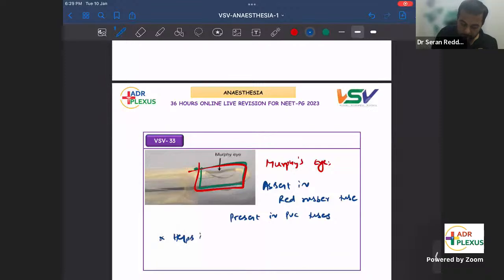Murphy eye helps in ventilation despite closure of the distal opening.